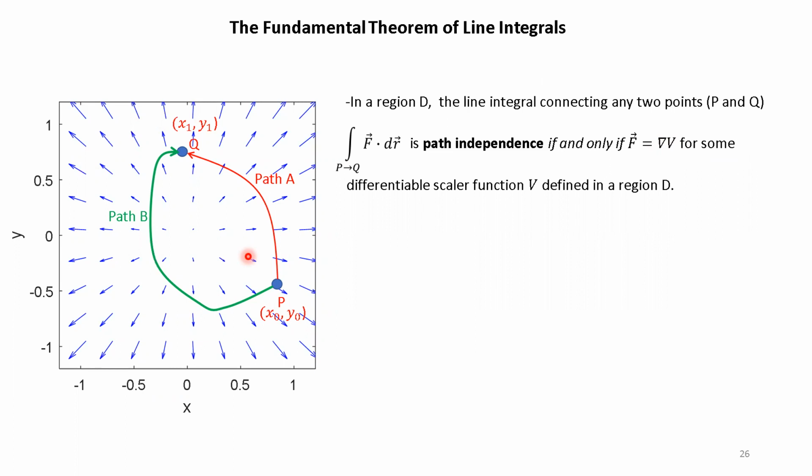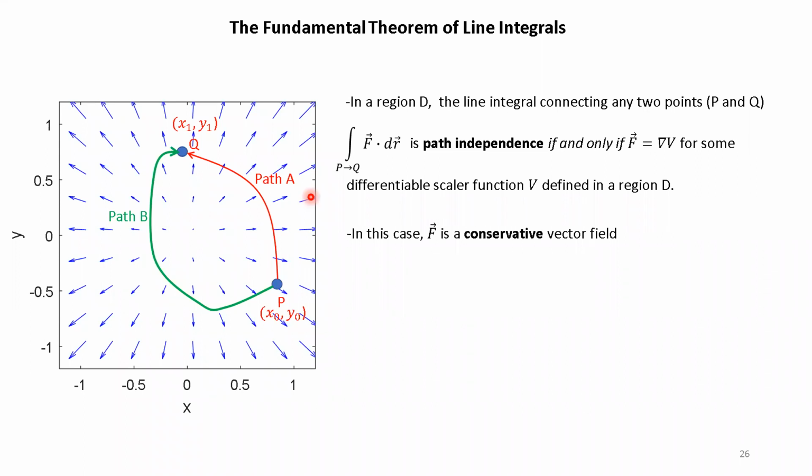And all the gradient vectors are pointing in the direction where the change is the greatest. So you need to remember what gradient is. Now if I have this vector field coming from the gradient of this potential function, then it's guaranteed that you pick any two points, you do line integrals, and that will be path independent. So that is the statement.